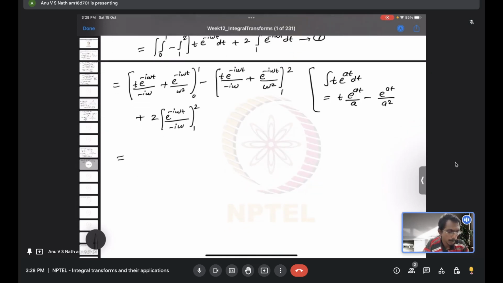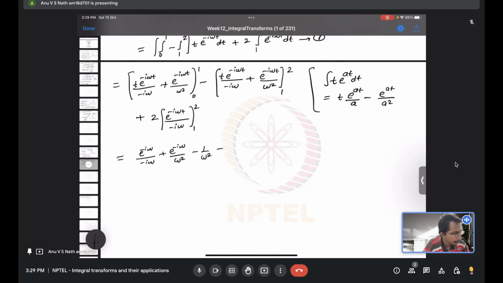Now we gradually apply the limits. All these limits are applied for the variable t. So first, 1 times e raised to minus i omega by minus i omega plus e raised to minus i omega by omega square, minus the value at 0, which is 0 minus 1 by omega square. So we'll just write minus 1 by omega square here.